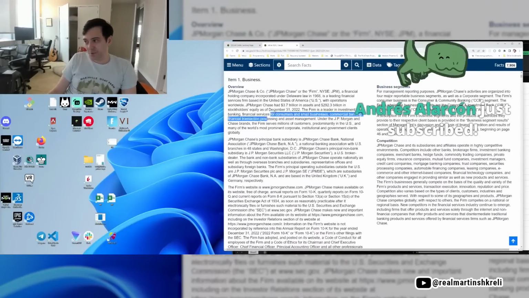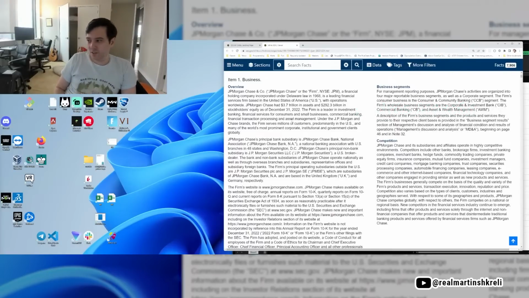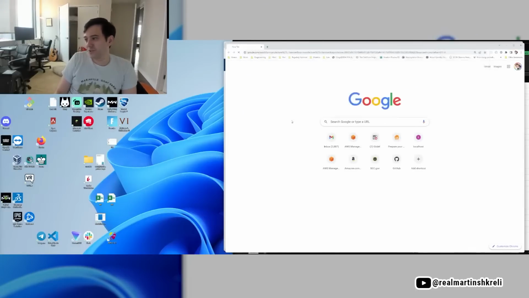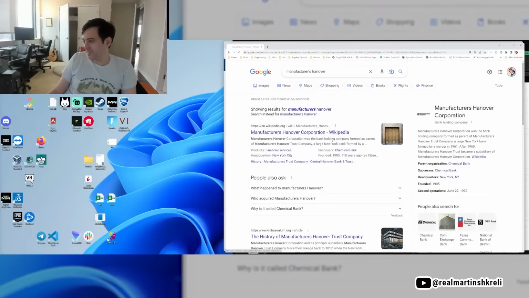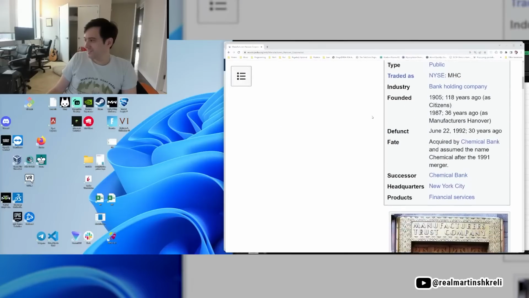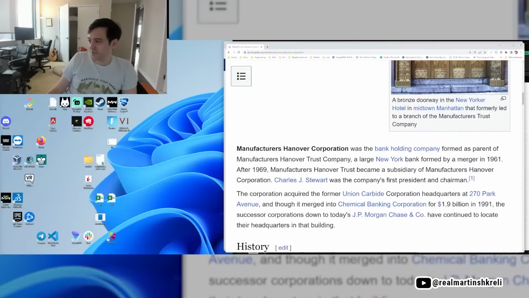So one of the things about JP Morgan that a lot of people don't know is that JP Morgan was not always a really big bank. One of the things that is interesting to understand is that JP Morgan became a very big bank in the last 20 years. There was a bank called Manufacturers Hanover, and the merger of Manufacturers Hanover, it's now defunct, but Chemical Bank and JP Morgan created this monstrosity.